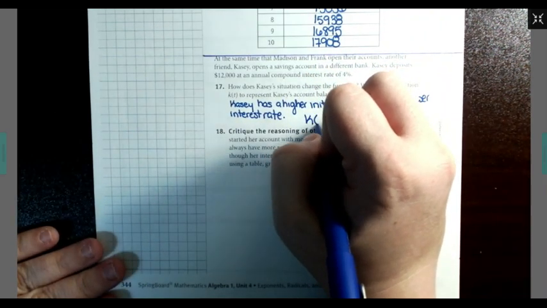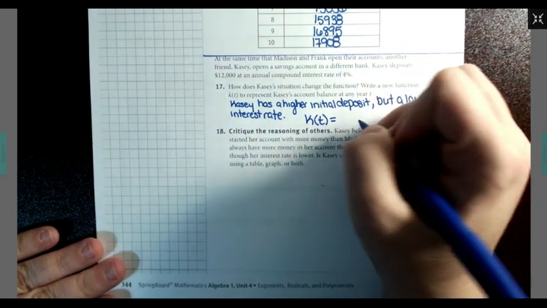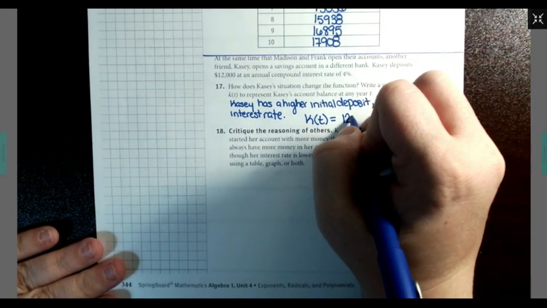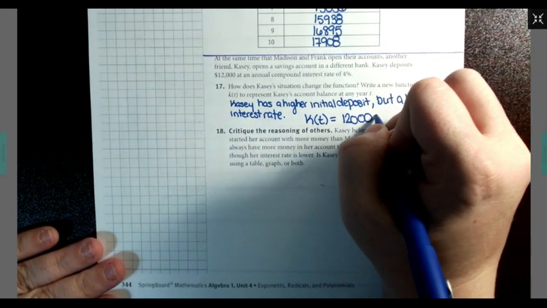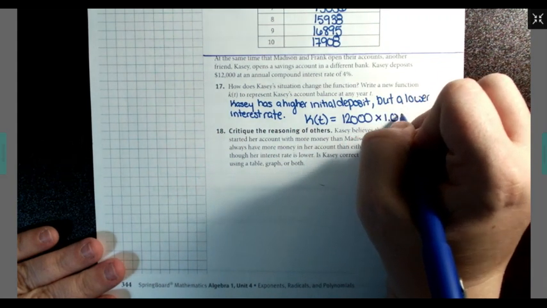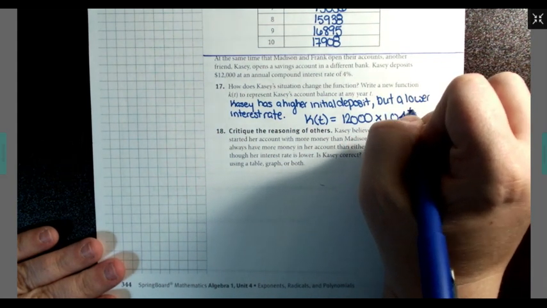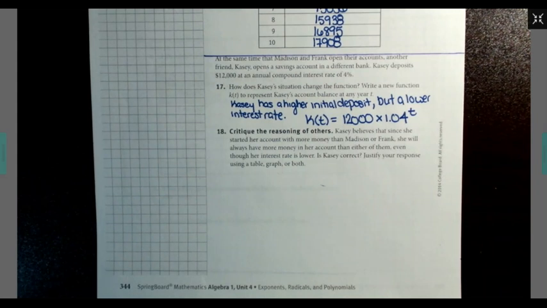Casey's equation should be K of T equals 12,000 times 1.04 raised to the T power.